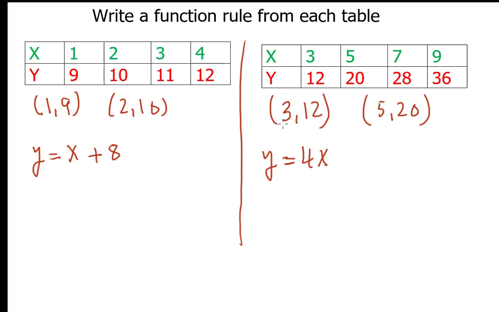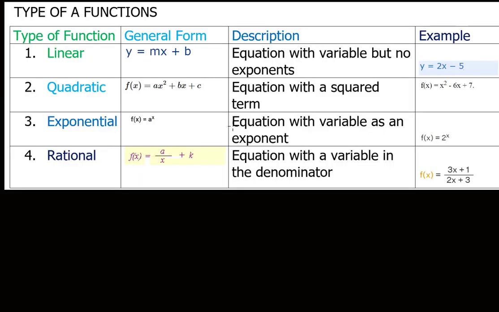So now let's review different concepts. Here are some of the types of functions that you will encounter in Algebra 1. A linear function is y equals mx plus b, an equation with a variable but no exponent. You see the exponent is 1.